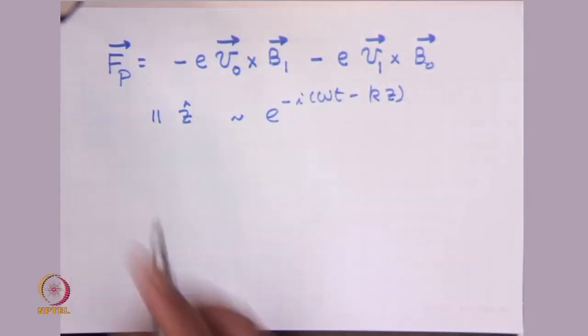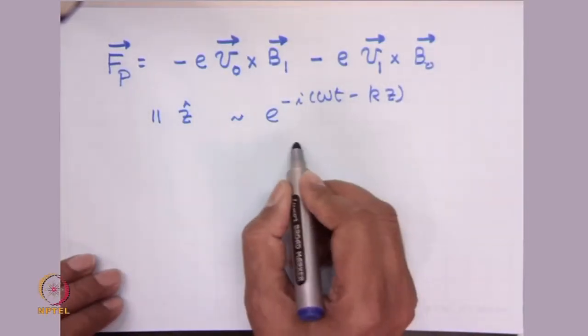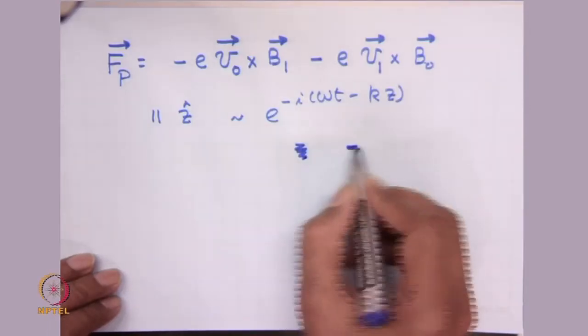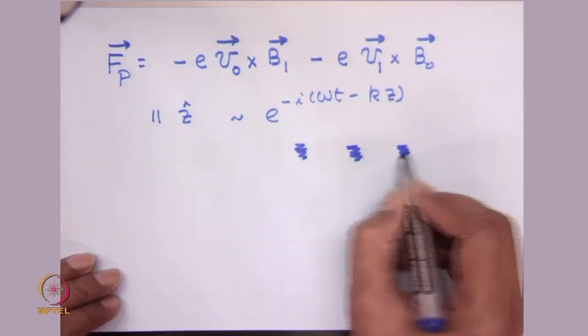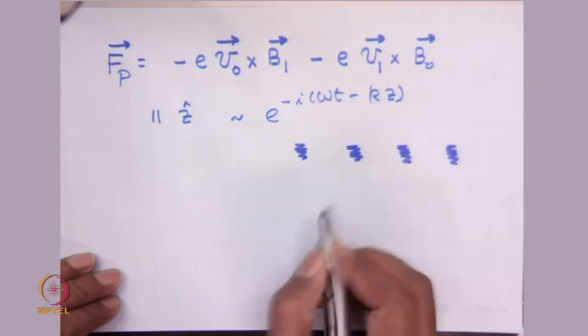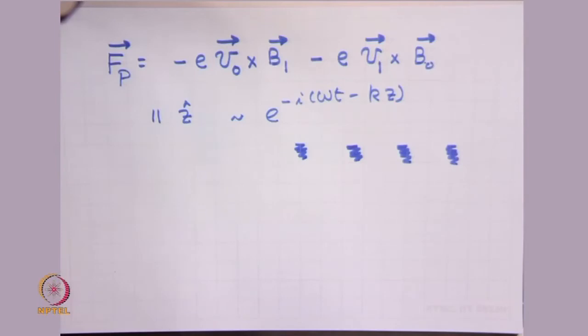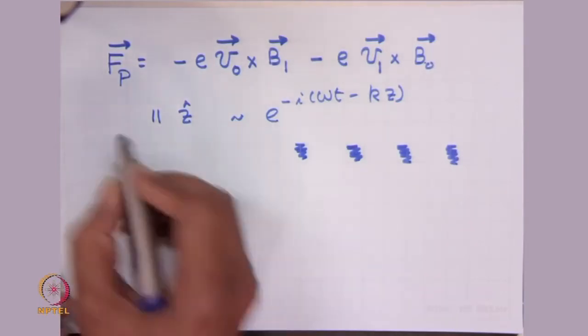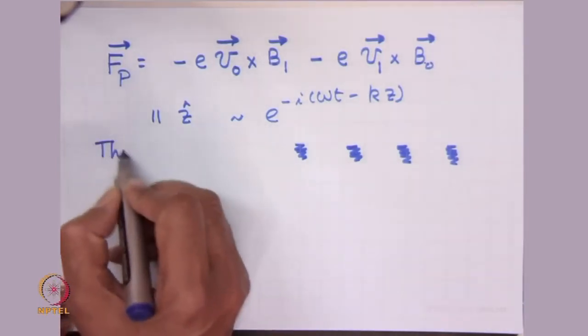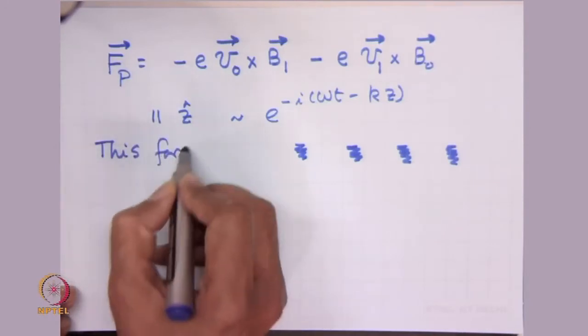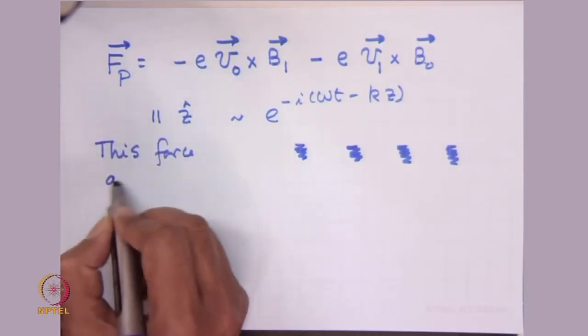So what will this do? This force will cause compression, rarefaction, compression of electrons, rarefaction, compression of electrons. And this will essentially reinforce the original plasma wave or amplify the plasma wave. So this force amplifies the initial plasma wave.